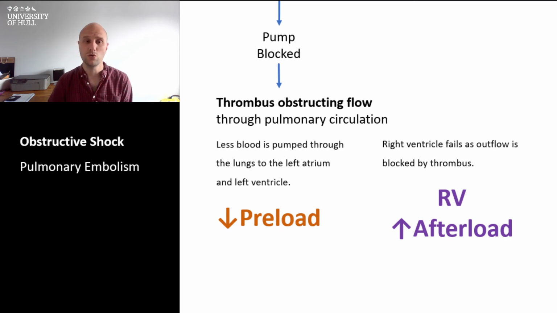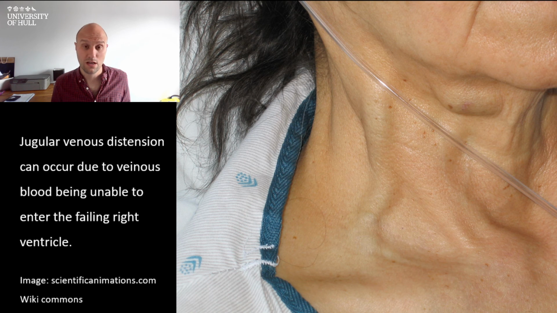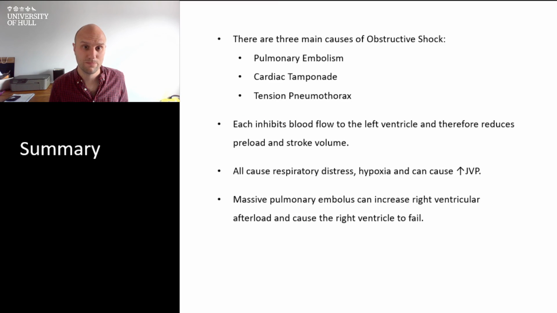But also you might have the right ventricle failing because it's not very muscular. It can't generate a lot of force. And if you've got a big clot, that means the right ventricle has to generate more force than it just cannot do. Then you also get failure of that right side of the heart. And again, common with the other sorts of obstructive shock that we're talking about, you may get distension of the jugular veins for this reason.